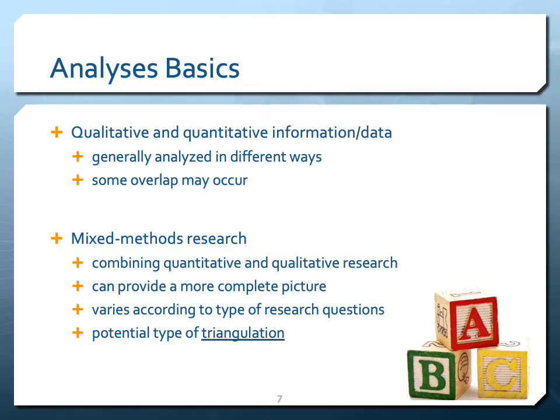So, for example, you could start with a quantitative survey, asking people, finding out what people are planning to do, where they're planning to go, things like that. But then you may follow up with some qualitative surveys, qualitative interviews, focus groups, things like that, just to get a much better understanding of some of the whys.